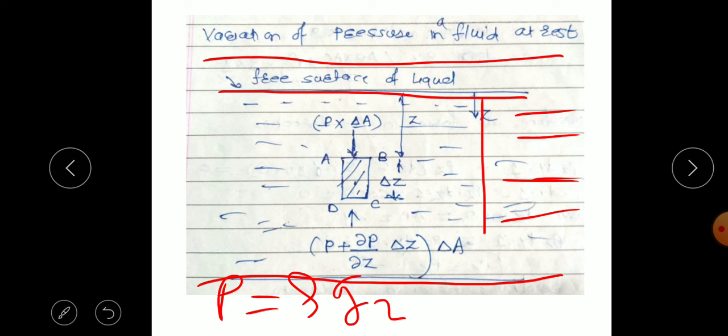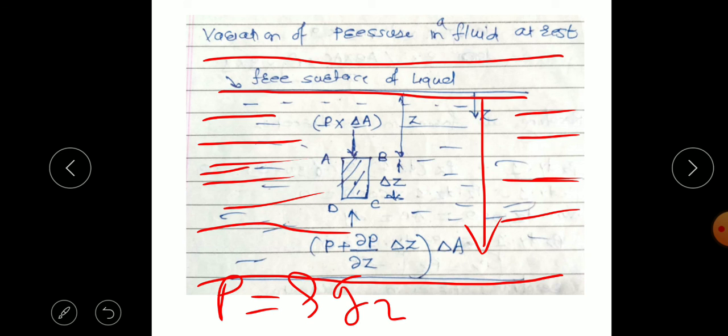As z goes on increasing, there is more pressure. In other words, at the bottom there are more layers resting above, so a greater weight is acting. This means pressure will be higher in the downward direction.